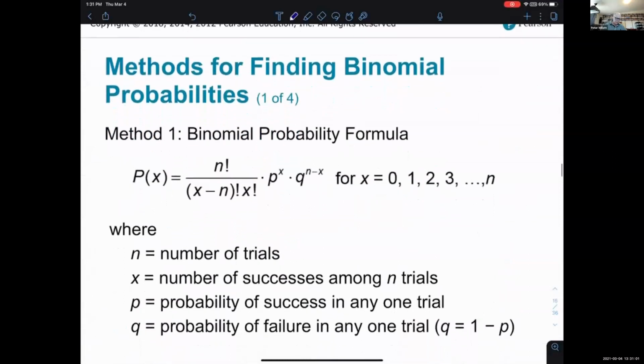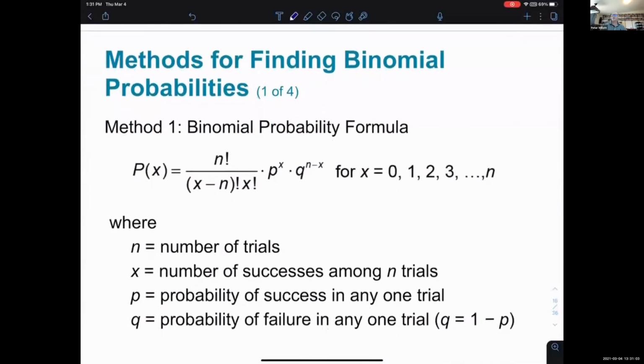Then there's a bunch of formulas we don't want to use. So at this point, I'm going to want to step away from the slideshow, because instead I'm going to want to have us rely on StatCrunch to do these kind of calculations. So they're showing you here the probability of a particular number of successes can be calculated with this formula.